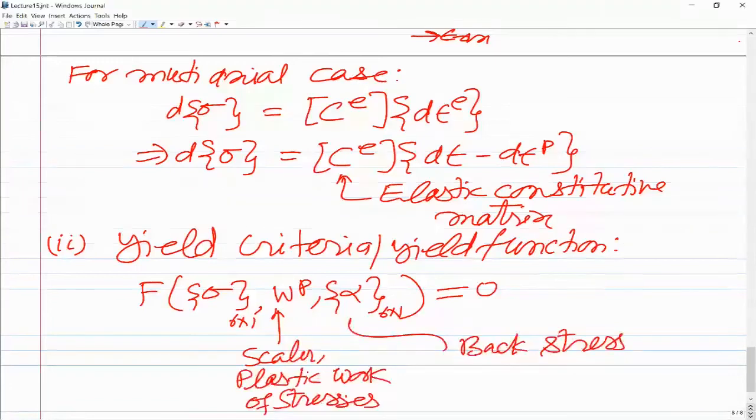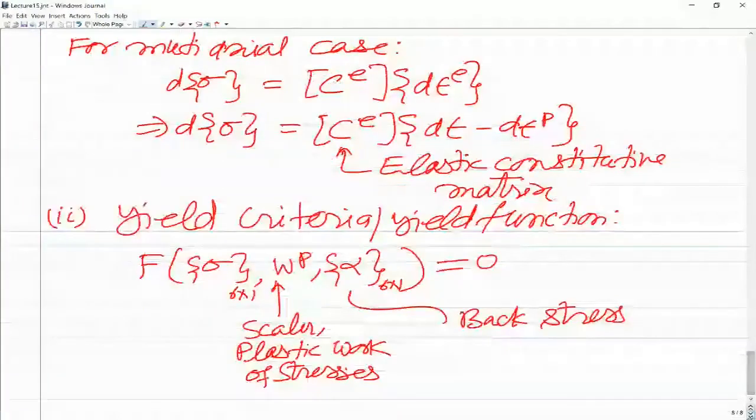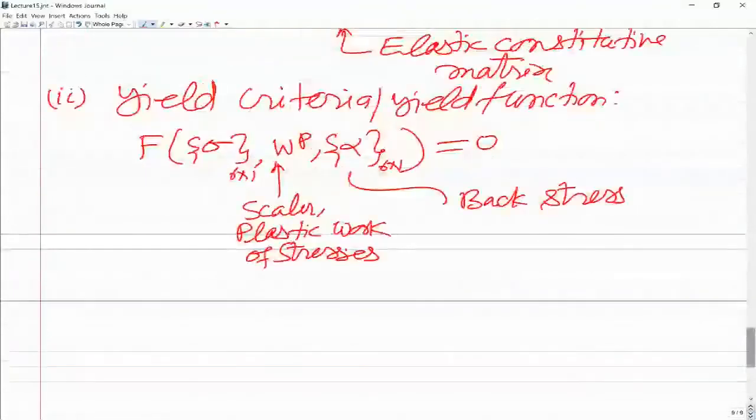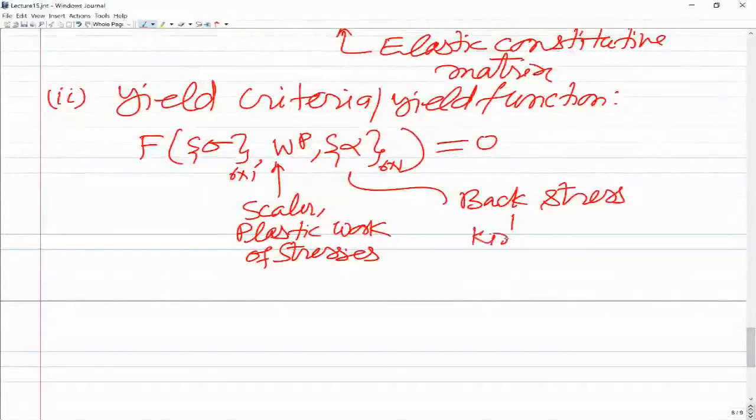We need this alpha in hardening to describe kinematic hardening. So the back stress tensor alpha is used for representing kinematic hardening, and kinematic hardening is the result of what we call in the literature the Bauschinger effect.